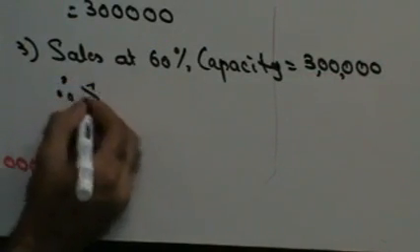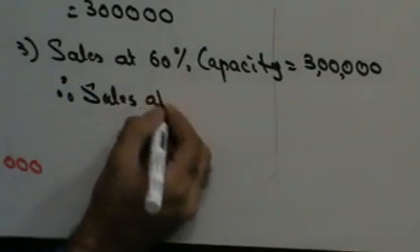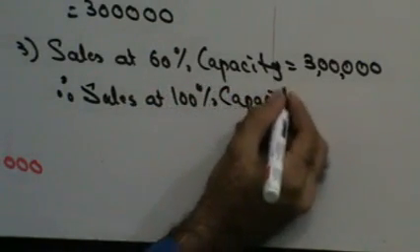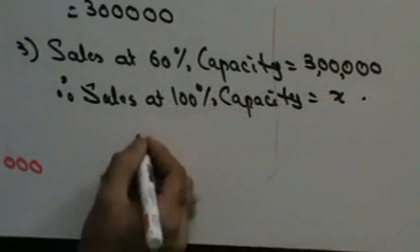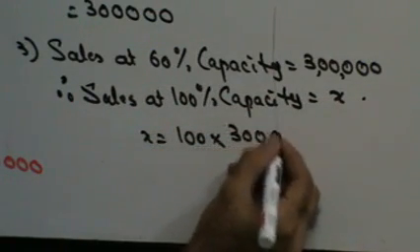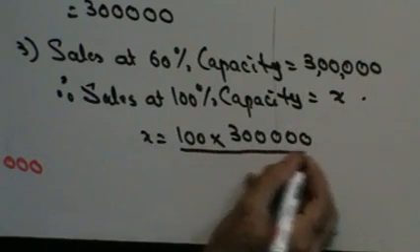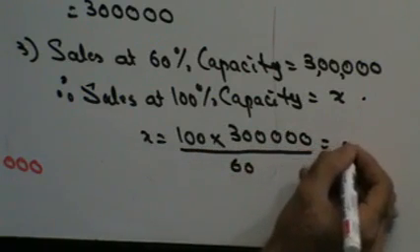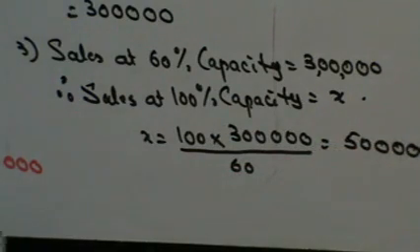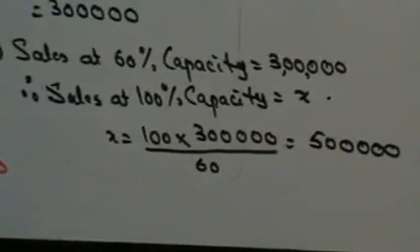Therefore, sales at 100% capacity should be X, which will be nothing but 100 into 3 lakhs divided by 60. Someone please help me calculate this. 5 lakhs. So at 100% capacity, my sales is going to be equal to 5 lakhs.